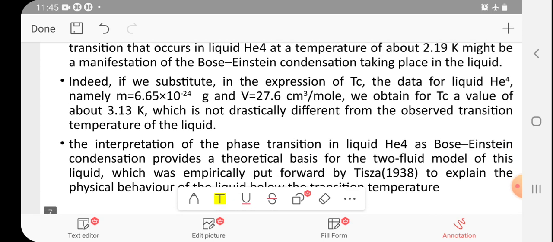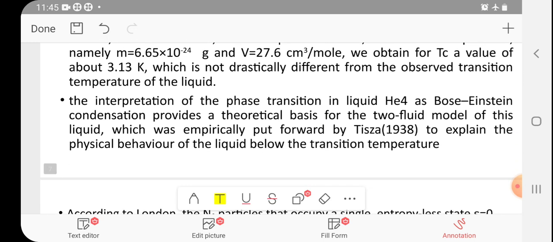Indeed, if we substitute in the expression of Tc, the critical temperature, the data for liquid helium, namely mass equal to 6.65 × 10^-24 gram and volume of 27.6 centimeter cube per mole, then we obtain a Tc value of 3.13 Kelvin, which is not drastically different from the observed transition temperature of the liquid.